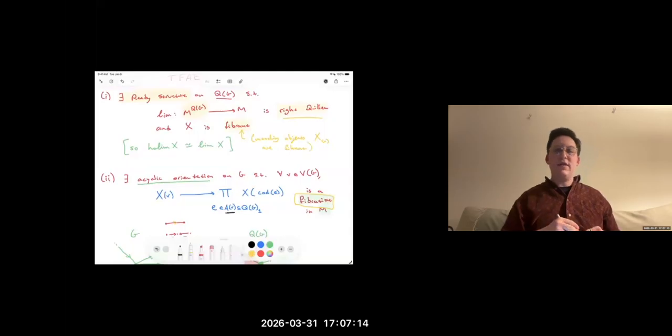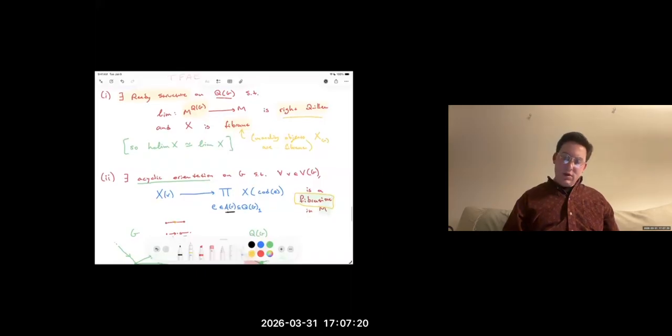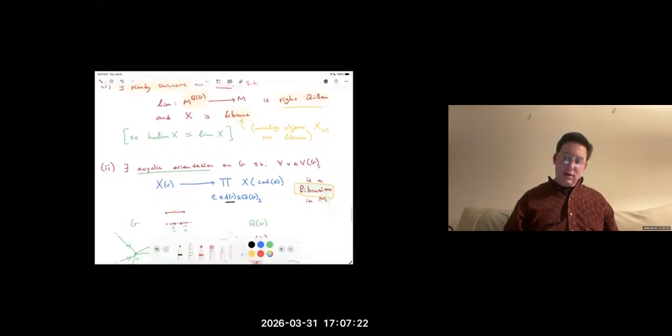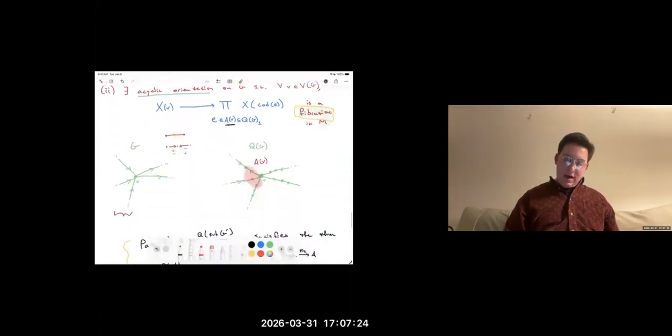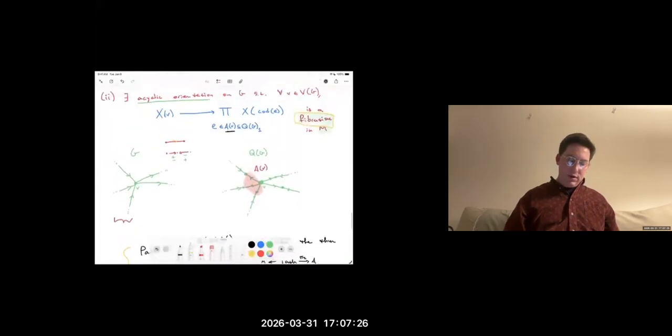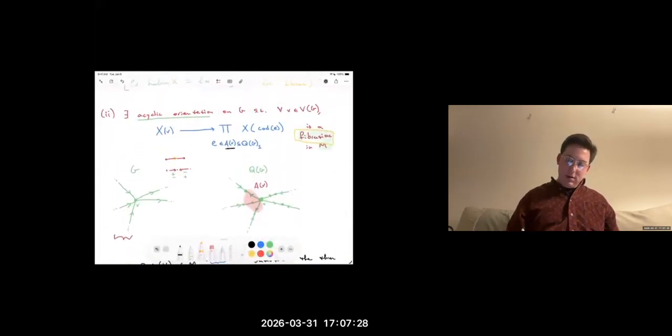So that's the definition of fibrant in a Reedy model category. And so checking that these matching objects are fibrant was what got translated here into this being a fibration, and this was the translation of that.